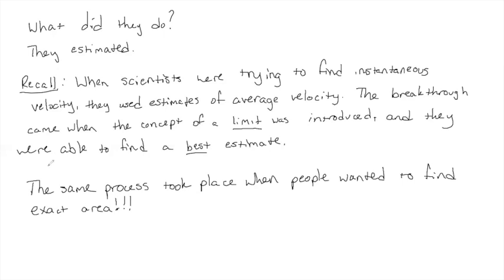So this is the idea. This is the roadmap. This is what we're going to do. We're going to estimate, and we're going to calculate this sort of, it's not really an average area. That doesn't make much sense. It's estimating using shapes that we know, right?